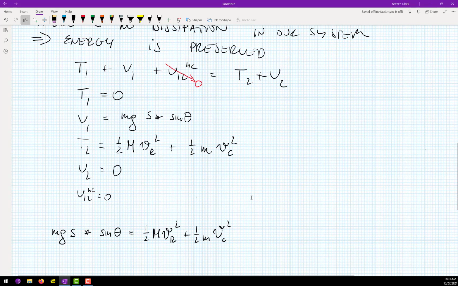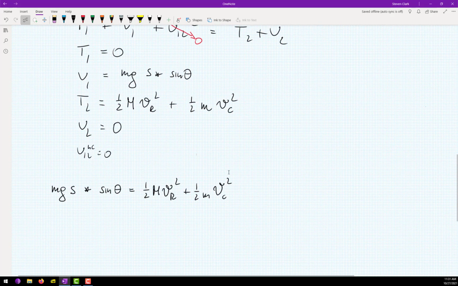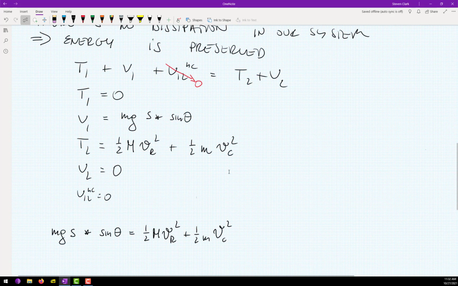So we have our equation. However, we introduced a new unknown in here, V_C.